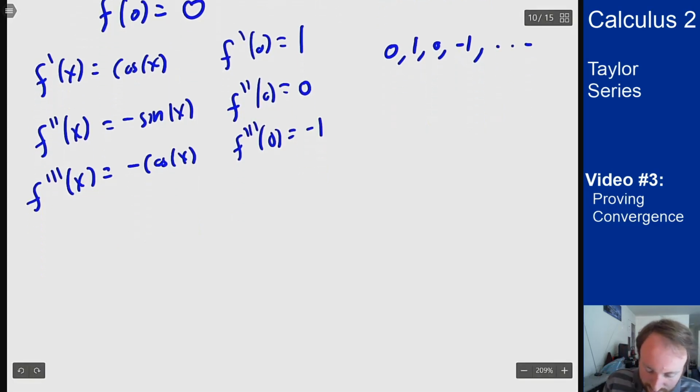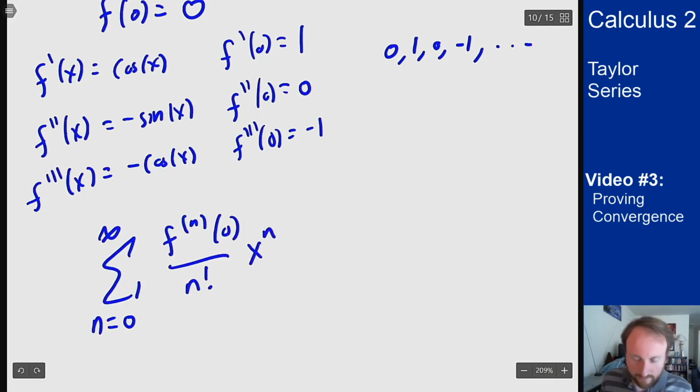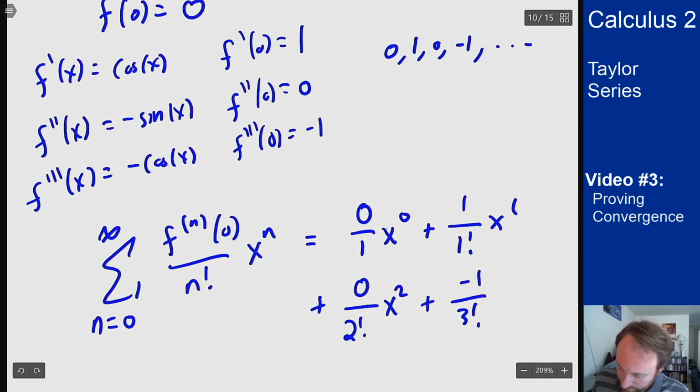So the series then, we're adding up from 0 to infinity, nth derivative at 0 divided by n factorial x to the n. The first couple terms I get here are going to be 0 over 0 factorial x to the 0 plus 1 over 1 factorial x to the 1 plus 0 over 2 factorial x squared plus negative 1 over 3 factorial x cubed, and so on.